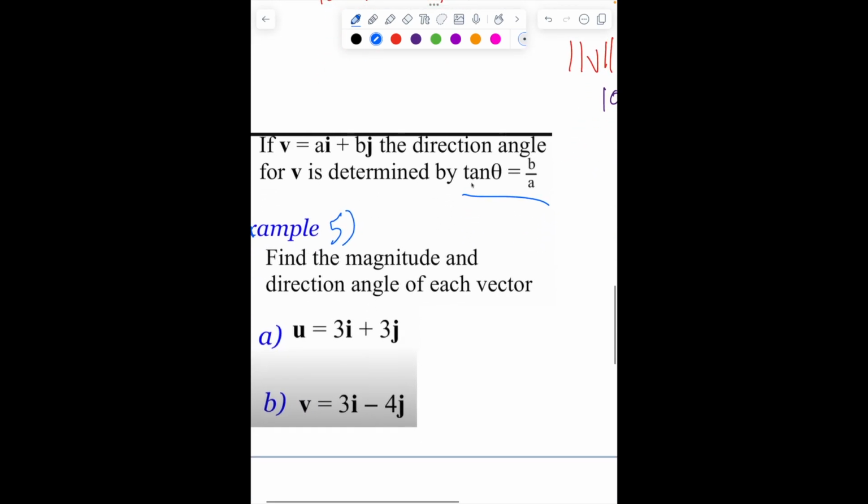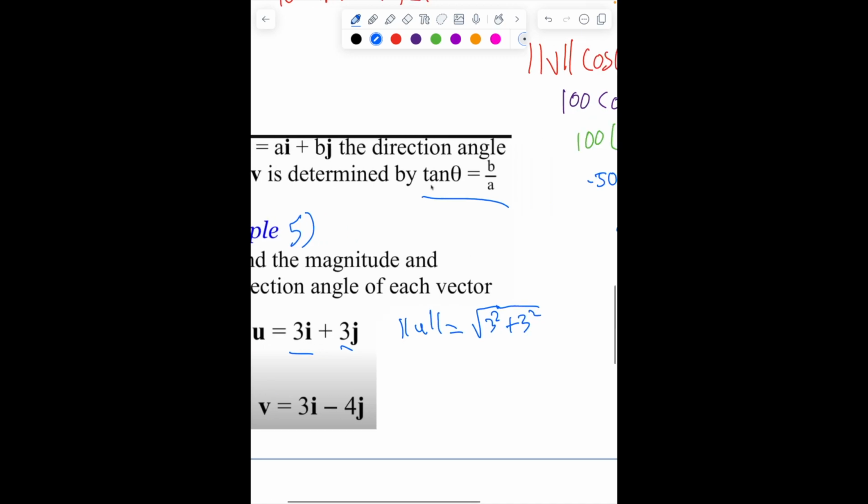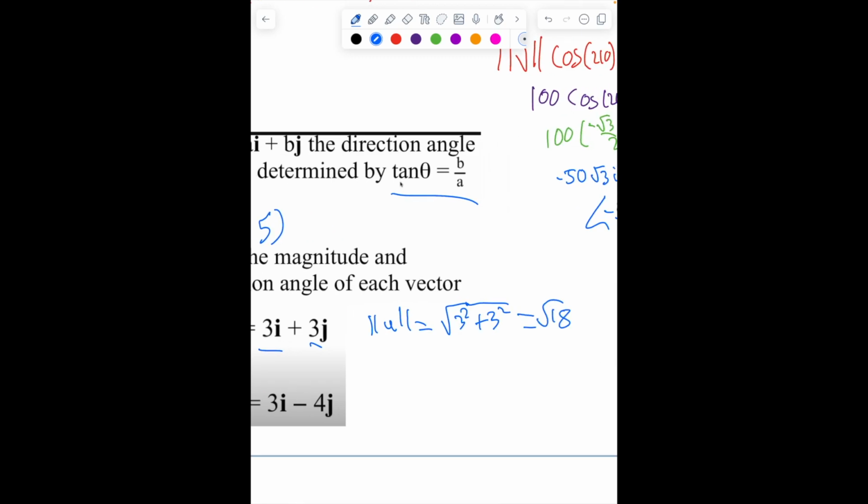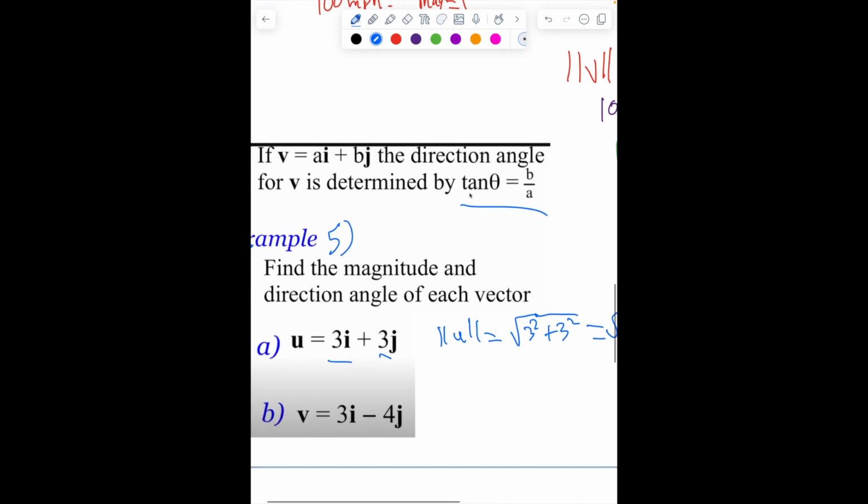I'm going to start by finding the magnitude. That's how I like to always start the problems. Because I'm in this standard form, I can just say square root of 3 squared plus 3 squared. 9 and 9 gives me square root 18. So I'm working with a square root of 18 for the magnitude.